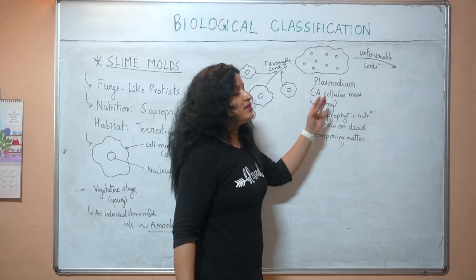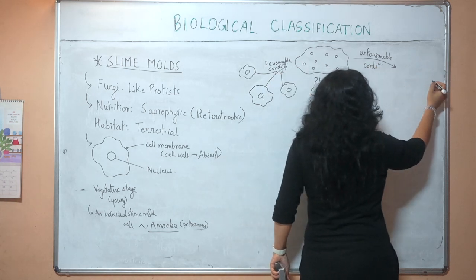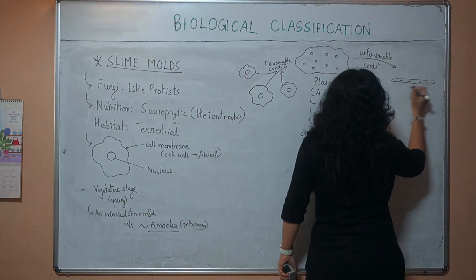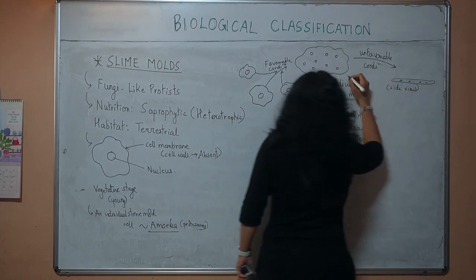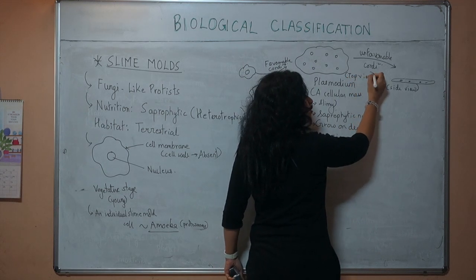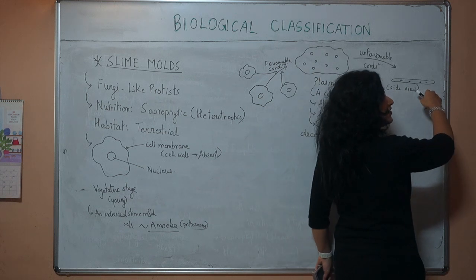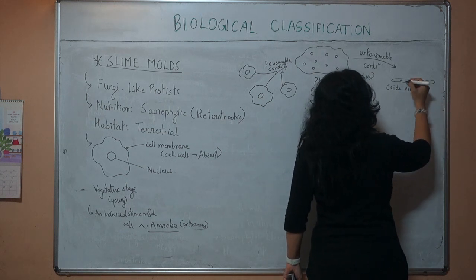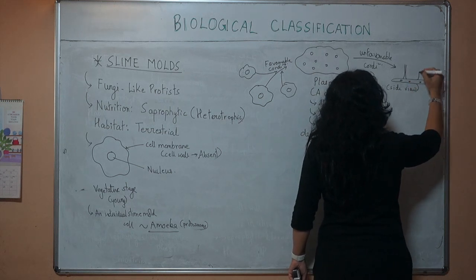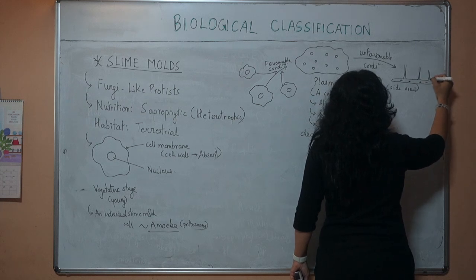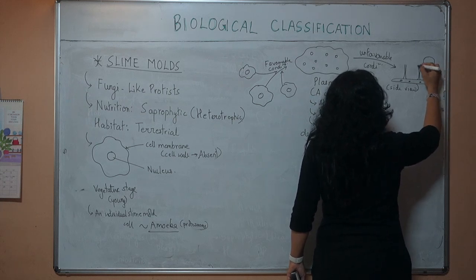What will it do in that situation? The plasmodium in that situation, this is the side view. And this is the top view of the plasmodium, whereby you can see the nuclei. And this is the side view. What is going to happen is you will see such structures emerging out from the plasmodium in case of unfavorable condition.